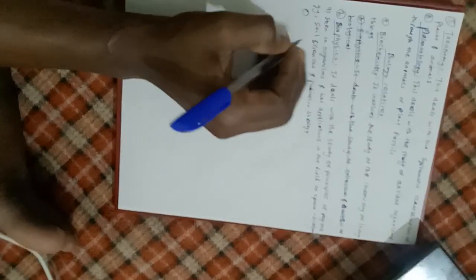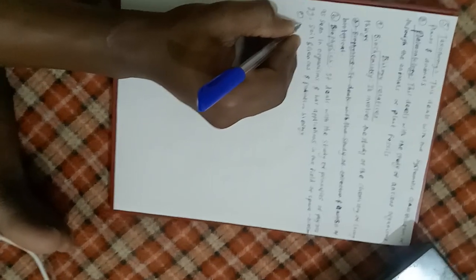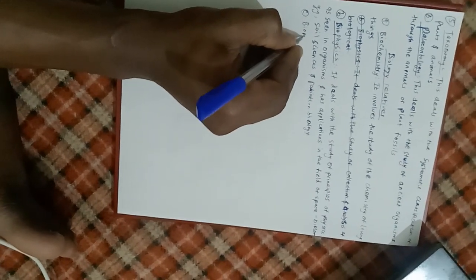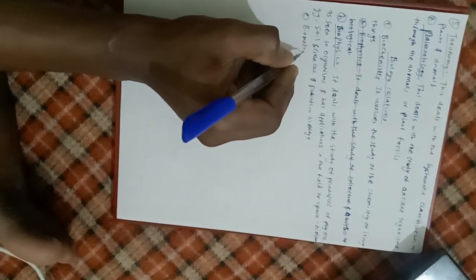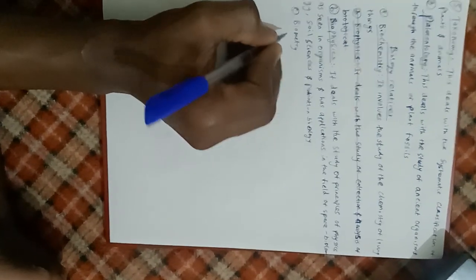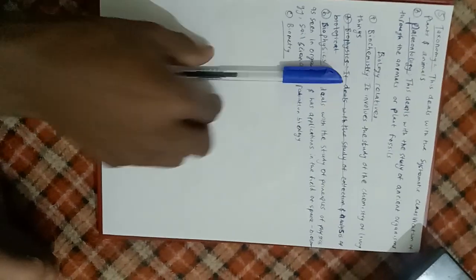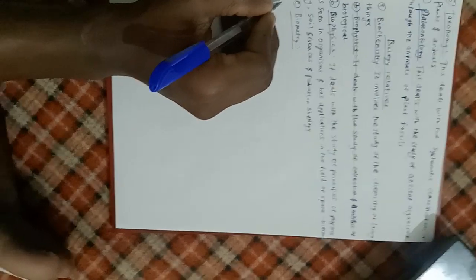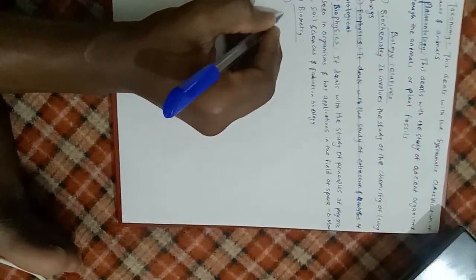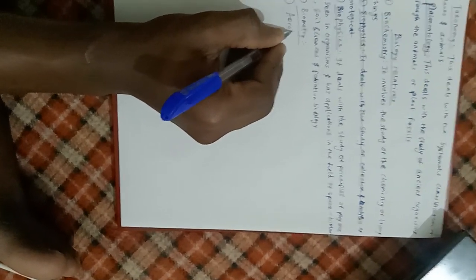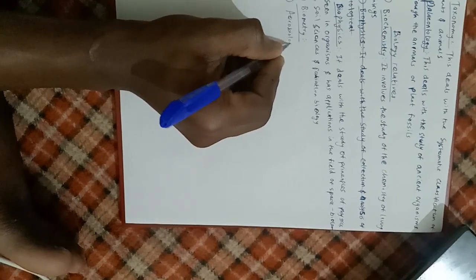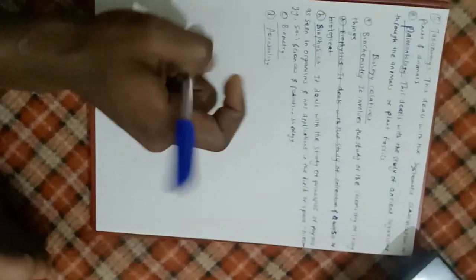So, C, biometrics. Biometry. So, biometry, I will explain it now. I'll just explain it. I won't write the full details in this A4 paper now, just to save time.